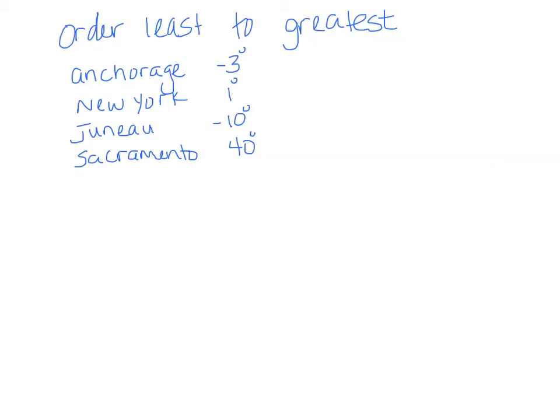Okay, and then a final part of this standard is your ability to order numbers least to greatest or greatest to least. And you can use the number line to do that. But again, after a while, your brain will kind of automatically place things in a number line order. Remember, greater is the further you go that way, and less is the further that you go that way. We've got positives and negatives.